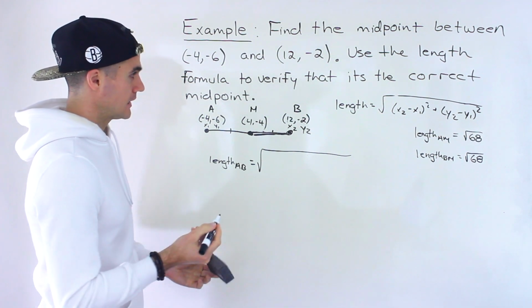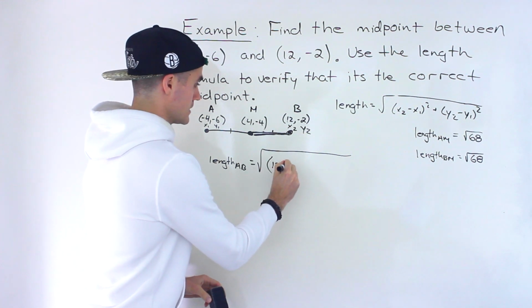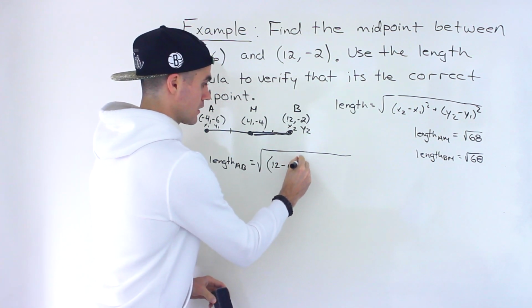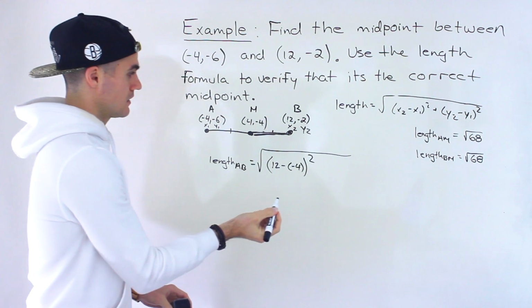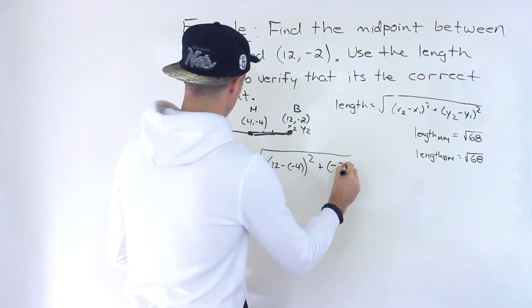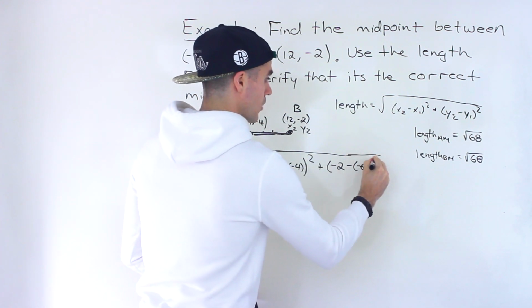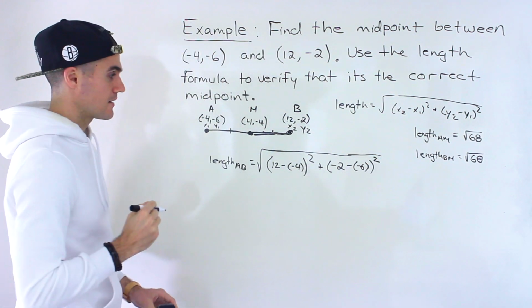So plugging it in, we'll have x2 minus x1, so we'll have 12 minus negative 4. Be careful with your brackets here. And then we'll have y2, which is negative 2, minus y1, which is negative 6. That's going to be in brackets, and then you're going to square that right there.